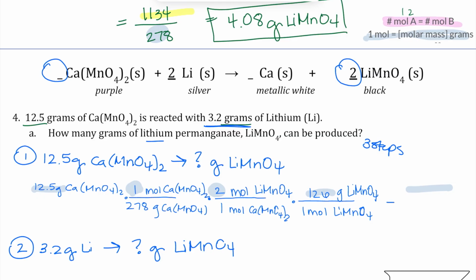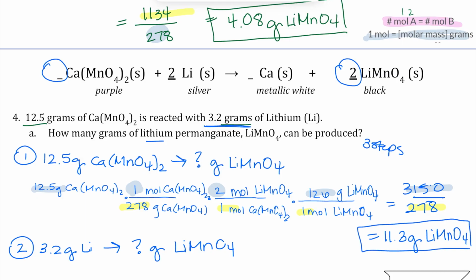That numerator gives me 3,150. And then I'm dividing by 278 times 1 times 1, so by 278. And I get 11.3 grams of lithium permanganate as my answer for that first problem.